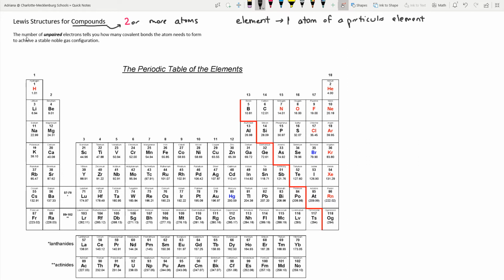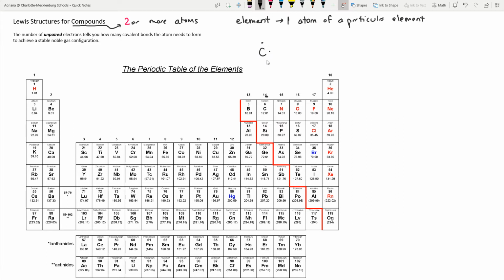So what I want you to know is that the number of unpaired electrons in your Lewis structure that we just worked on tells you how many covalent bonds the atom needs to form to achieve a stable noble gas configuration. So what does all that mean? It means that when we actually draw out the Lewis structure of carbon, we said that carbon has 4 valence electrons. I'm getting that from this number right here. If I was going to draw out the Lewis structure of just the atom carbon, remember that I put electrons on each side of my invisible box.